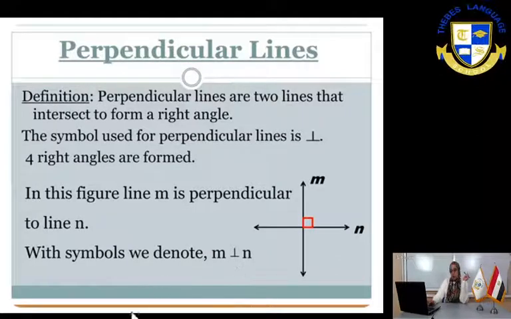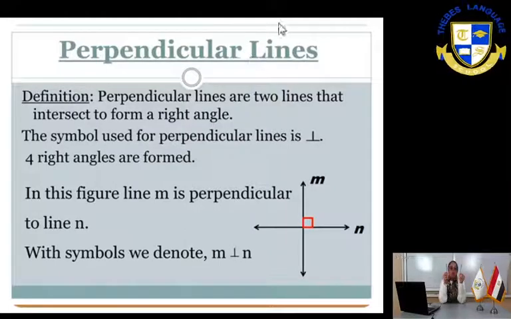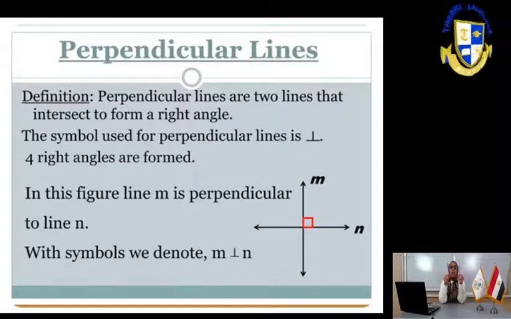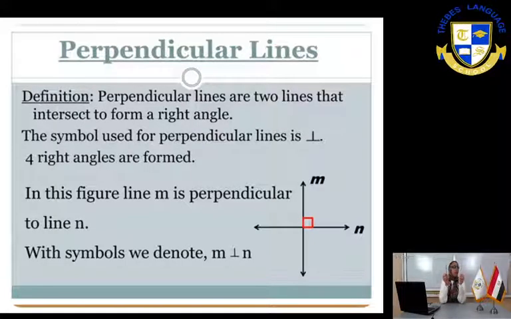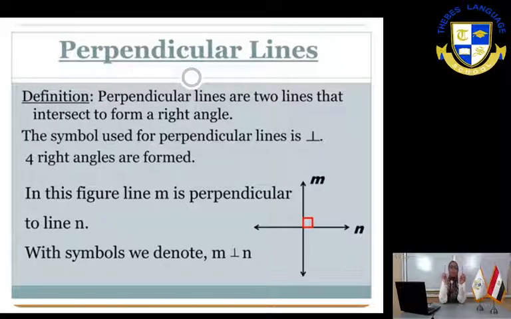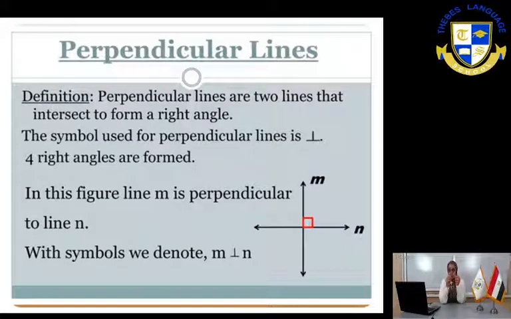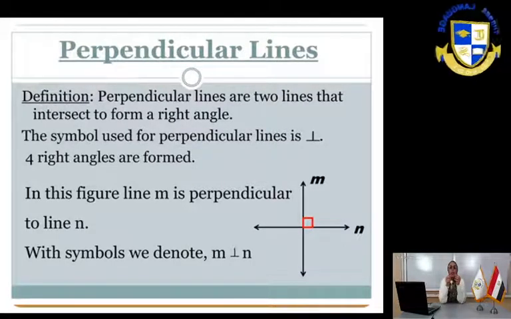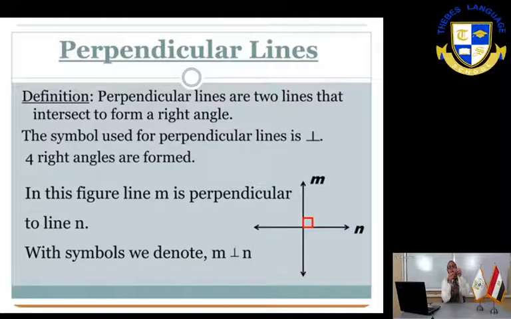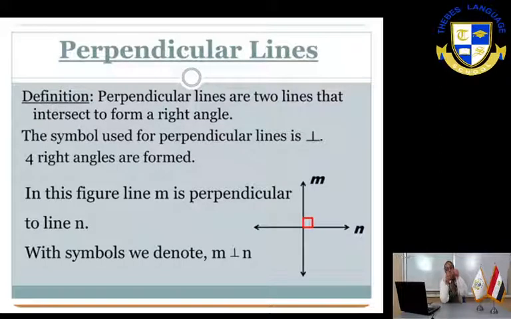The last relation between two straight lines is when the two straight lines never intersect. If they never intersect, we call them parallel. Next slide. Parallel lines never intersect at all. And we have this symbol to represent parallel, like that.